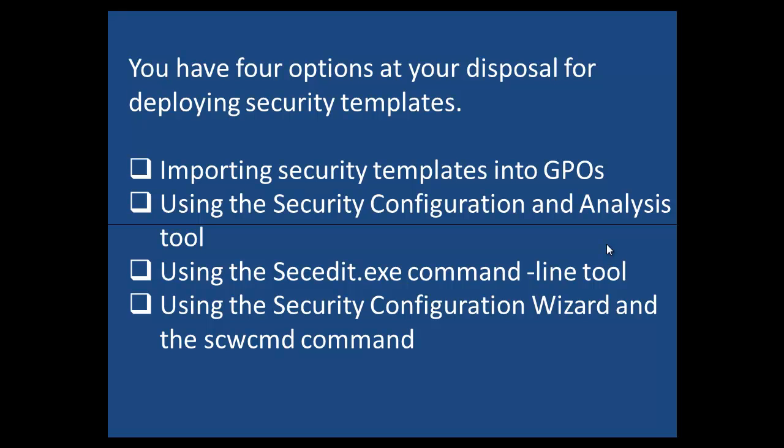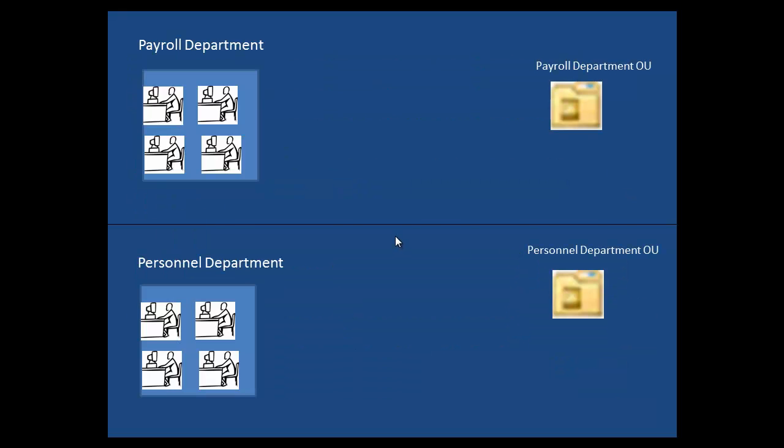We first want to take a look at how we will customize a security template for deployment to other computers. Let us take a look at the scenario here. We have 2 departments, the payroll department and the personnel department.